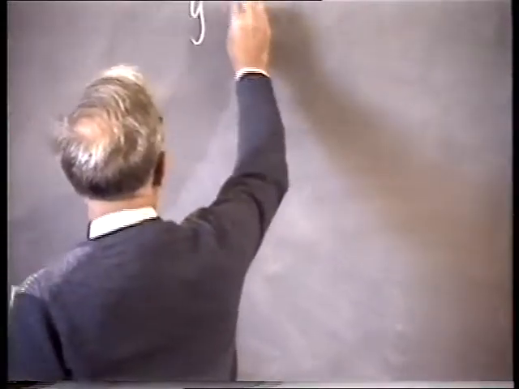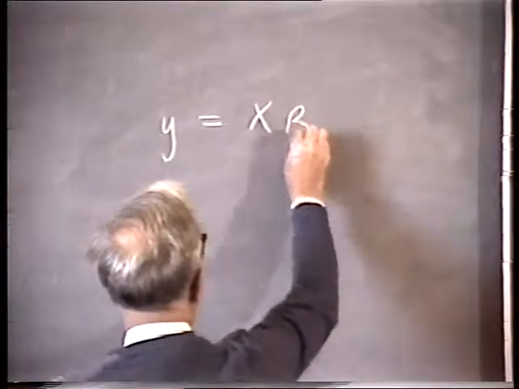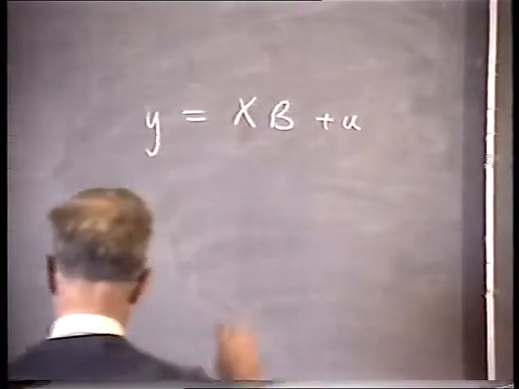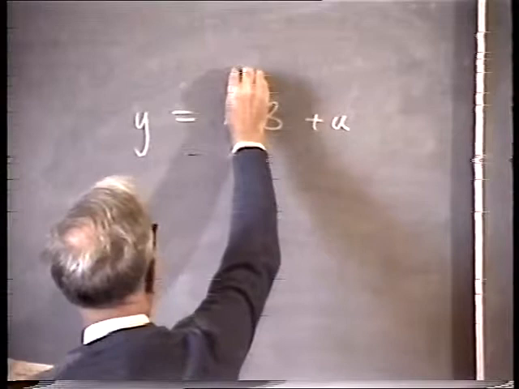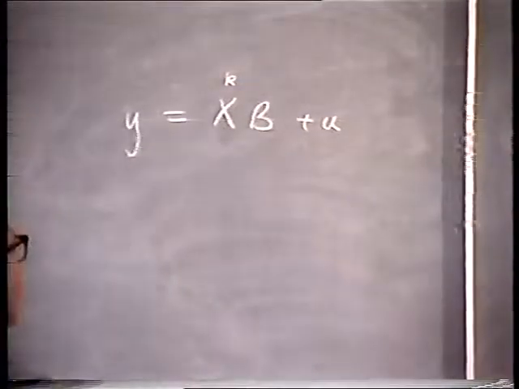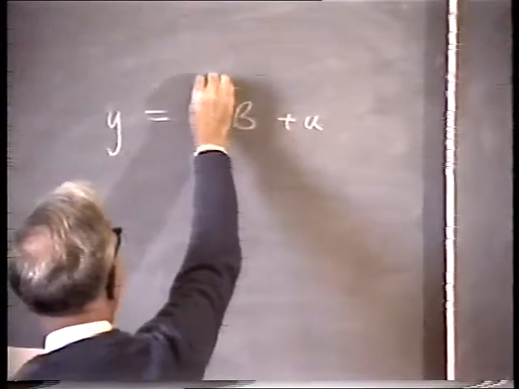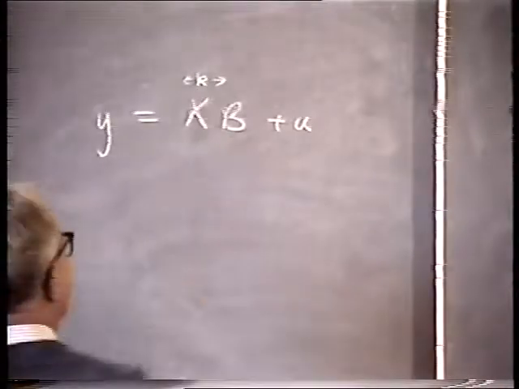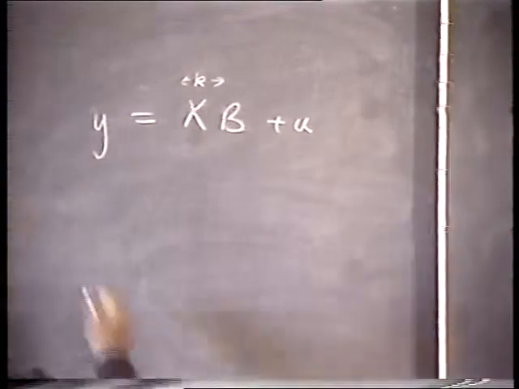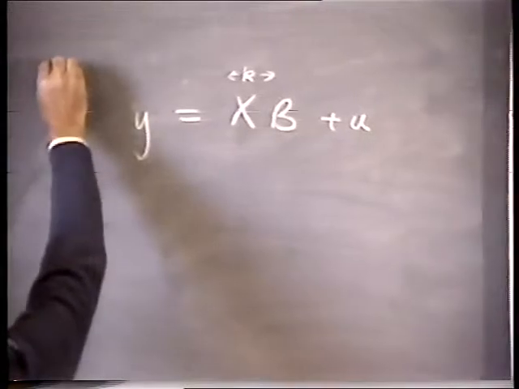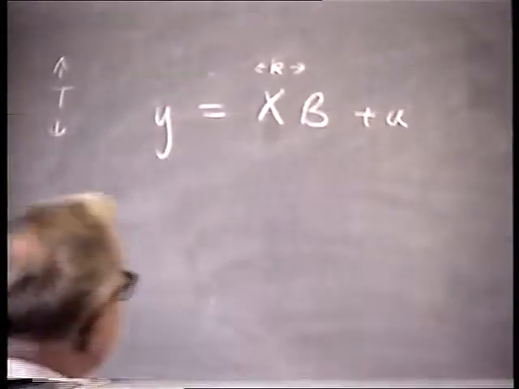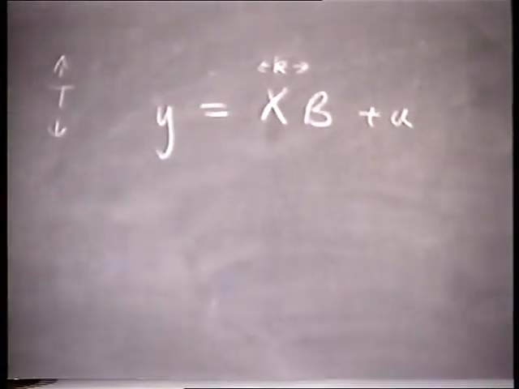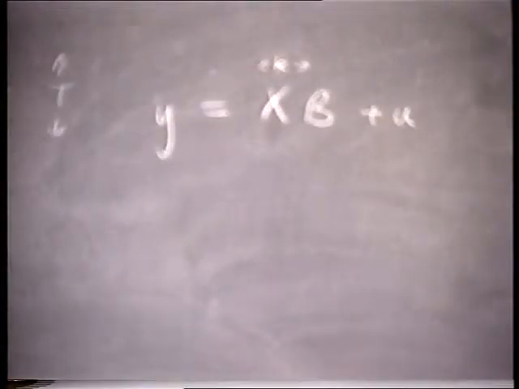Using a more or less standard notation, let's assume we have the regression model of the normal type with k regressors making a k by T matrix X. Beta then is the unknown coefficients to be estimated, a k by one vector.